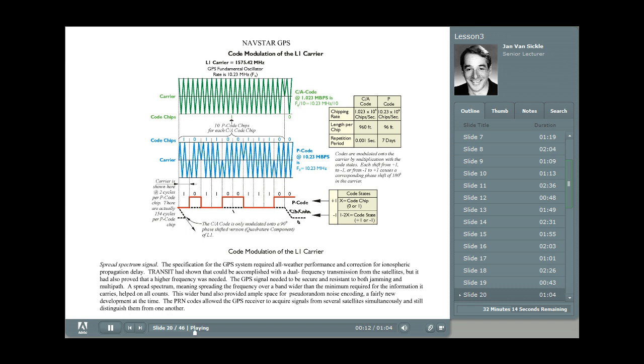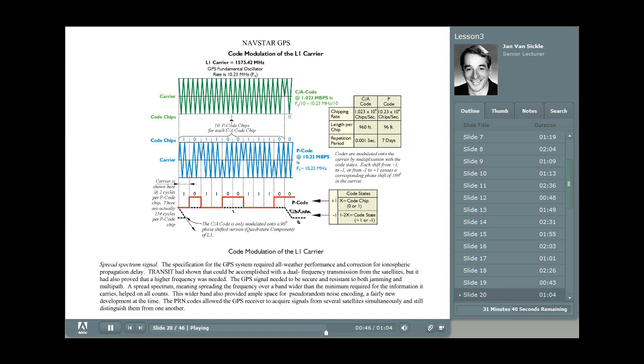All weather performance is necessary. It needs to be able to be corrected for ionospheric delay. So therefore, a dual frequency transmission is needed. And of course, this is similar to the transit system. A high frequency is required, as we've discussed earlier, and the GPS signal needs to be secure from jamming and multipath and interference.